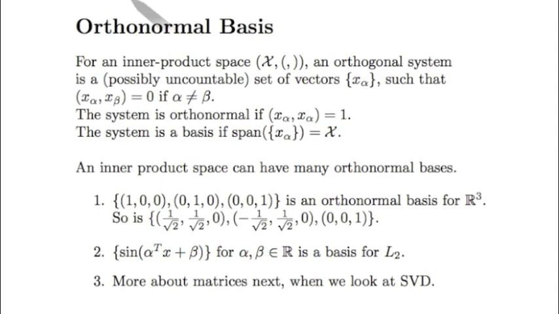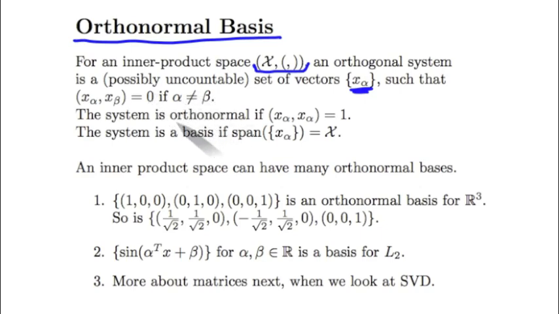Let's end with the discussion of a crucial concept called the orthonormal basis. So for any inner product space X and the inner product given by those brackets, an orthogonal system is a set of vectors, which could be infinite, such that any two vectors, if I take their dot product, is 0, as long as those vectors are different.